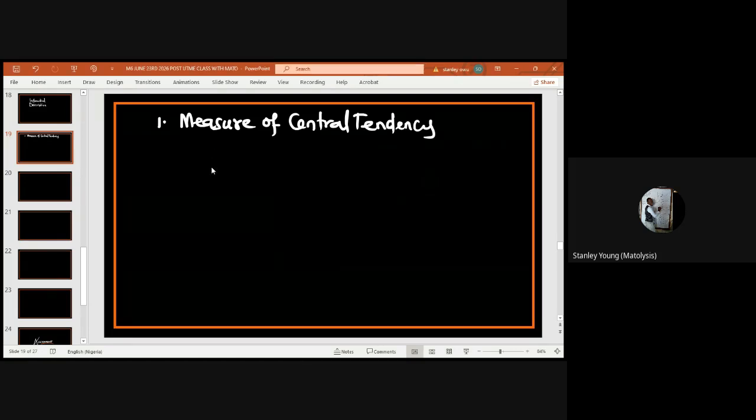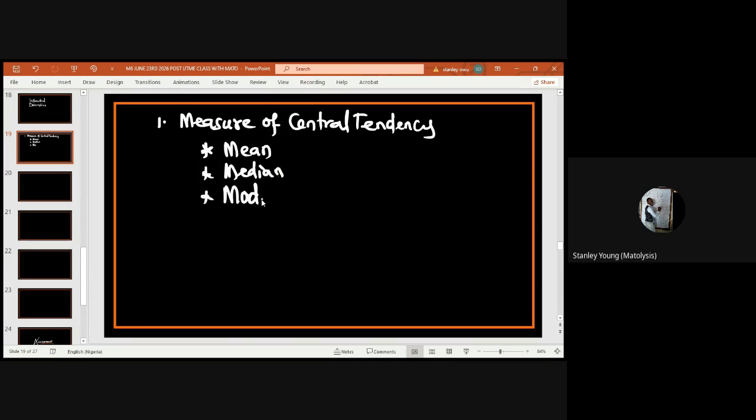Okay, so we have measure of central tendency, and there are three measures of central tendency. We have the mean, the median, and the mode. So we have mean, median, and mode.